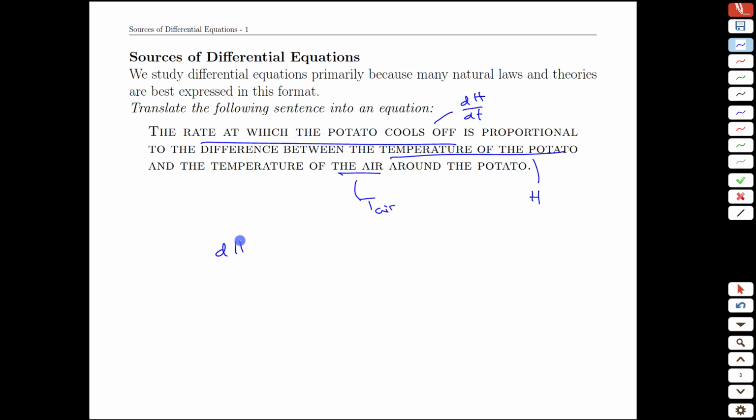So dH/dt is proportional to, equals a constant times, and literally here the difference between is a subtraction, a minus: the temperature of the potato, H, minus the temperature of the air. That's the difference between them mathematically. And notice this is a first order differential equation.